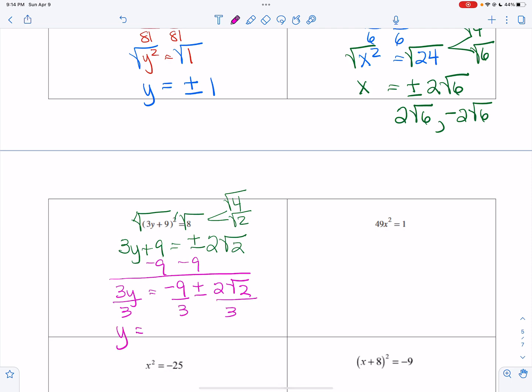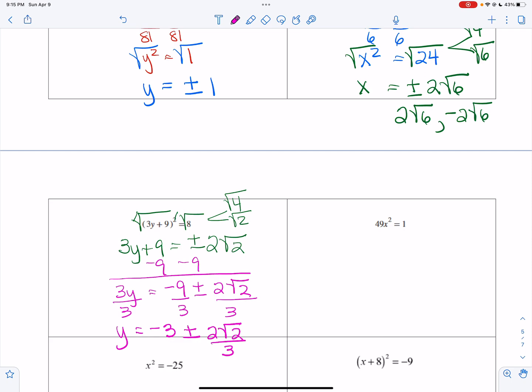So y is equal to negative 9 divided by 3 is negative 3 plus or minus 2 radical 2, and that is still over 3. So like I said, you want to be really careful when you enter these answers that you don't have a 3 underneath the negative 3, that only the fraction is underneath the 2 radical 2.